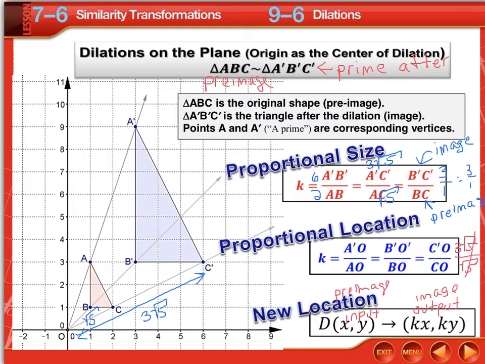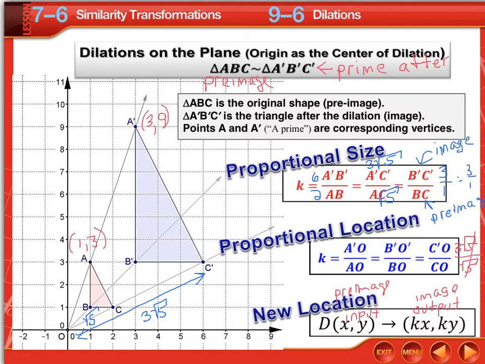So let's take a look at A and A prime. A is located at 1, 3, and if I multiply 1, 3 by our scale factor 3, I would get 3, 9. And here you can see that A prime is indeed located at 3, 9.